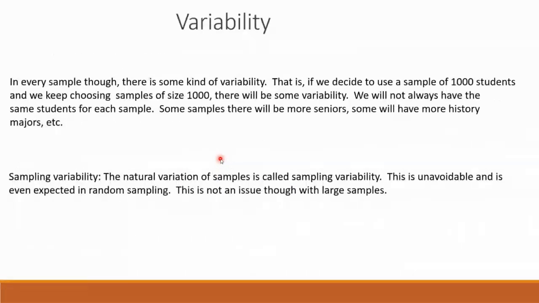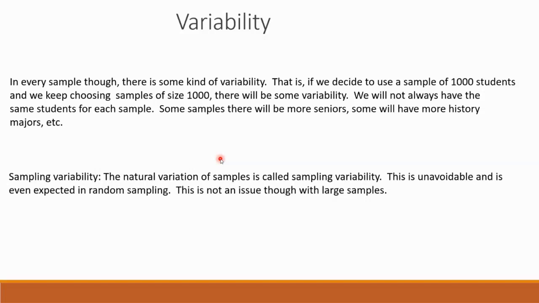Also, whenever you have a sample, there's always going to be some kind of variability. For instance, let's say we were choosing a sample of 1,000 students. If we were to keep choosing samples of 1,000 students each, repeating the experiment to see what kind of data we get, even if it is representative of the population each time, there's still going to be some variability because there are going to be different people in there.